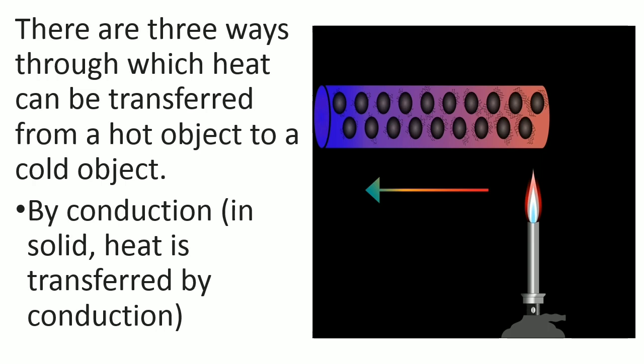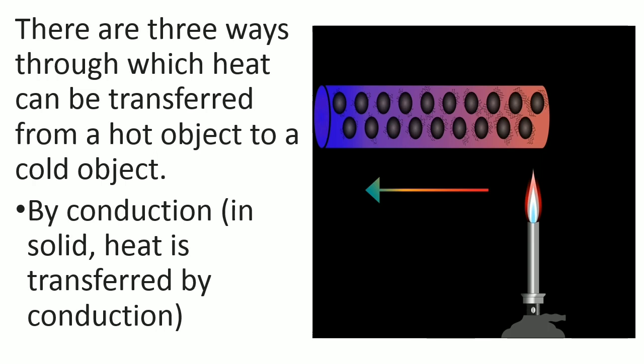In the picture, you can see there is an iron bar and at one end of the iron bar there is a candle. The black dots represent the molecules of the iron bar. Now, when we heat up one end of the iron bar, the molecules start getting heated up, and since the molecules cannot move, the heat will be transferred from one molecule to another molecule.